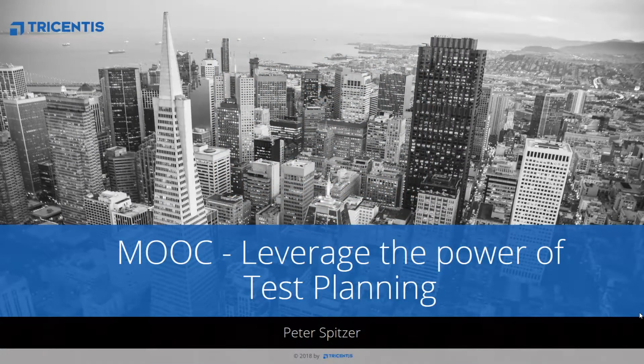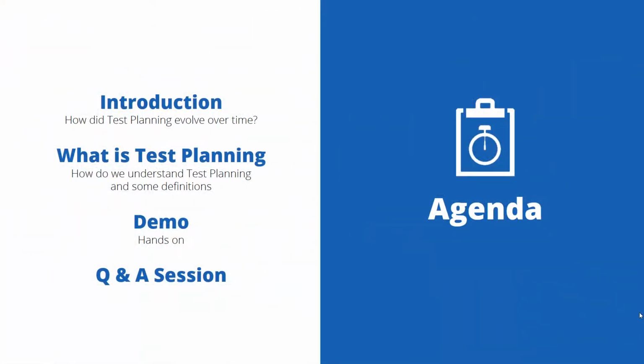The Mooc is all about leveraging the power of test planning. So the basic idea of today's Mooc is that first we're going to have some introduction. How did the topic of test planning evolve over time?